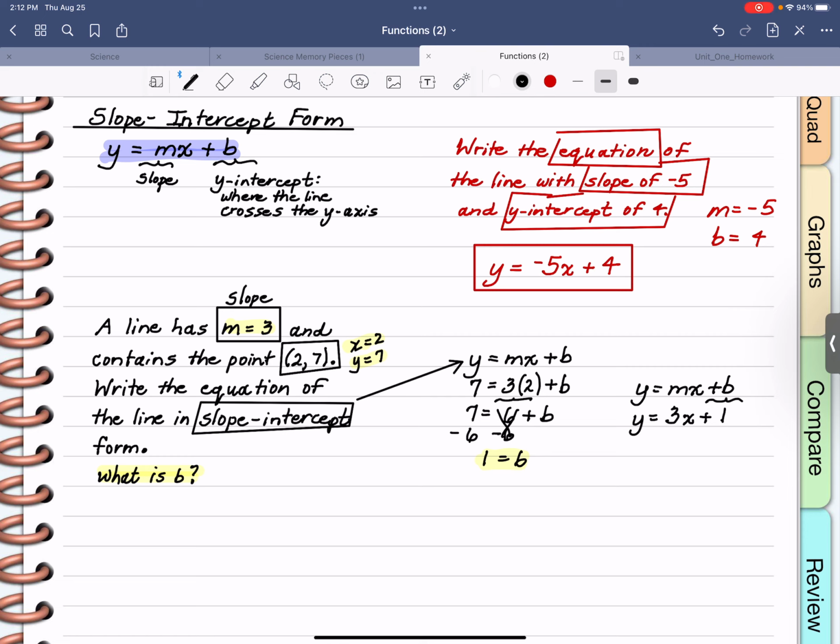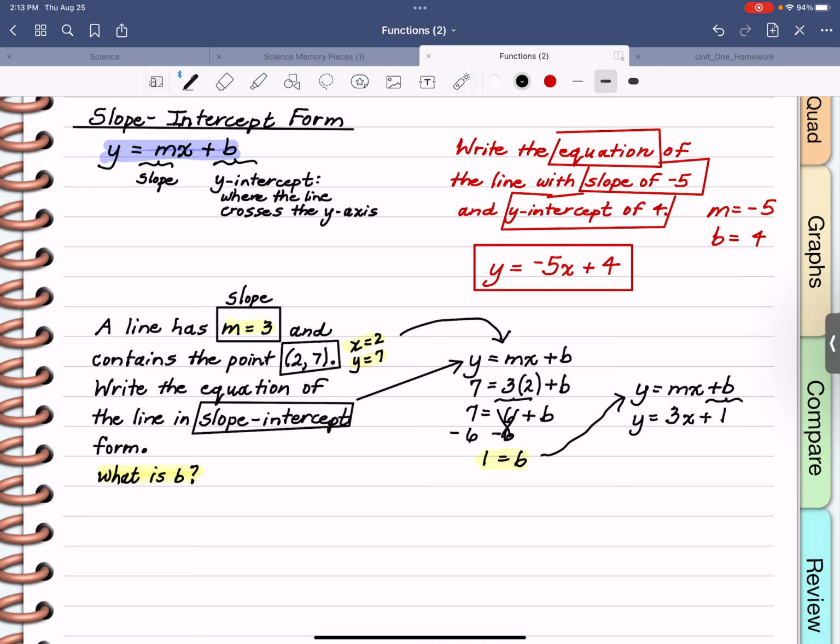No, I used the 2 and the 7 to find b. So I used the 2 and the 7 here, and then I used b in that equation. That's not an easy question. You have to really know what they're asking for, and you have to know what the m, the x, the y, and the b mean, and you have to know what slope-intercept means.